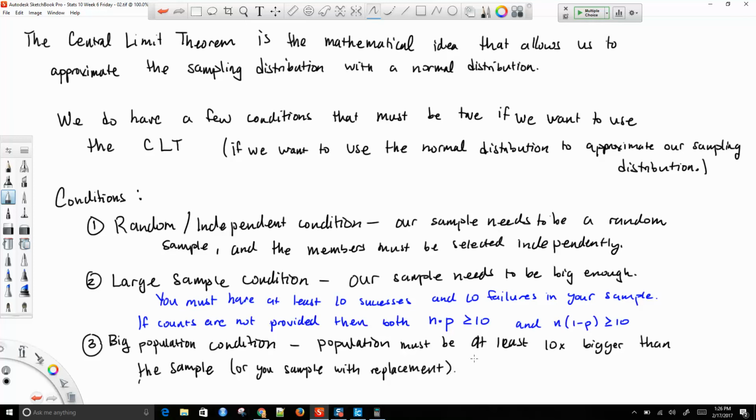Okay, sampling with replacement means you take an observation, you look at it, and then you put it back in the population.